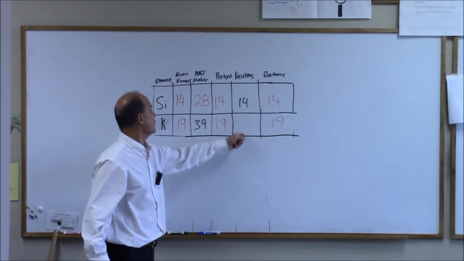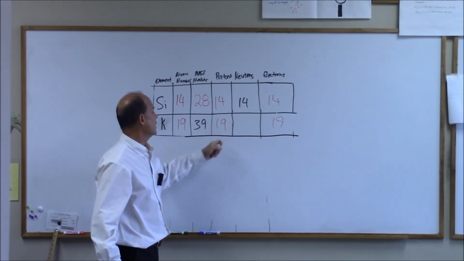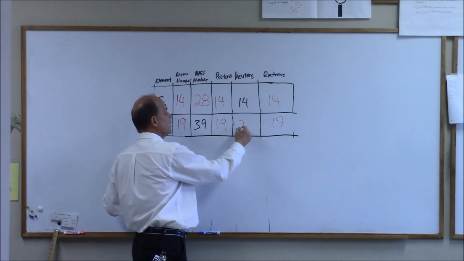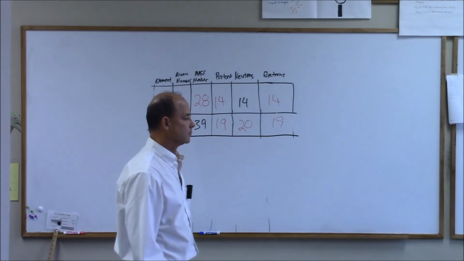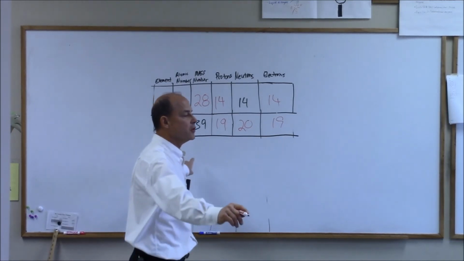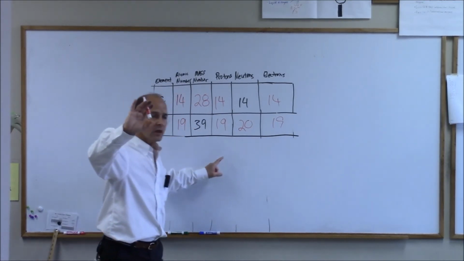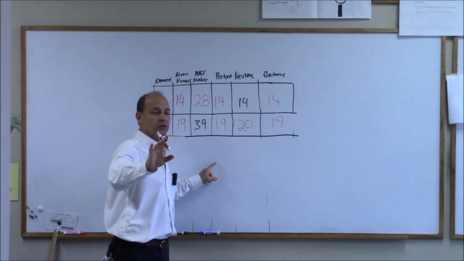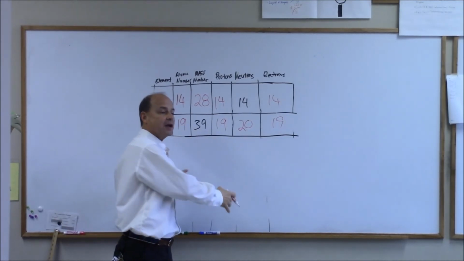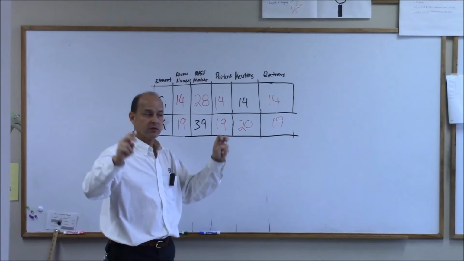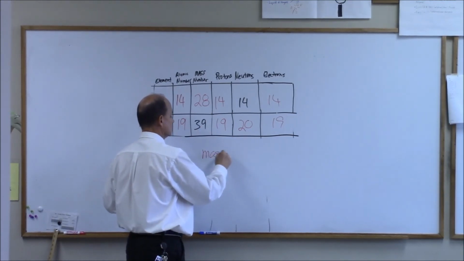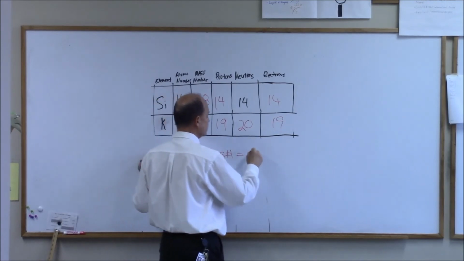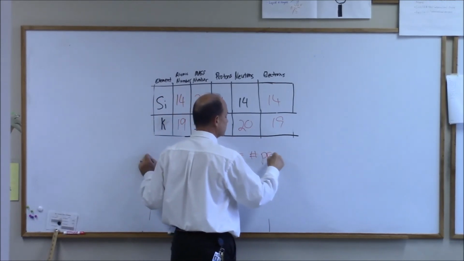How many neutrons are there if the mass number is 39 and there are 19 protons? I'm smelling a 20 right there. Why 20 though? If you are confused, you refer back to those equations where the mass number is equal to the number of protons plus the number of neutrons.